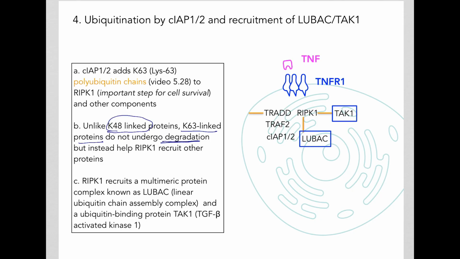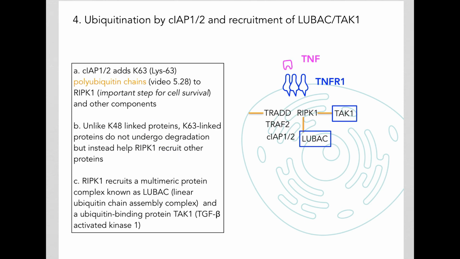Instead, they will help the RIPK1 to recruit other proteins. So by adding this ubiquitin chain to RIPK1, it's not destroyed. It actually allows it to recruit other proteins.